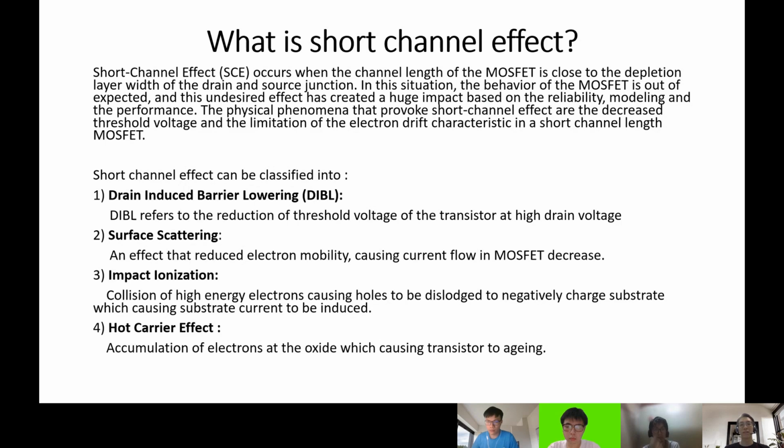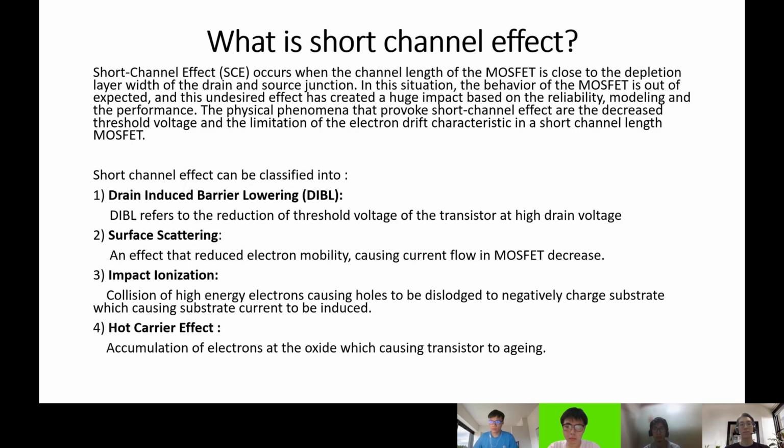Next is surface scattering. This surface scattering is an effect that reduces the electron mobility, causing the current flow in the MOSFET to be reduced. Then is impact ionization.